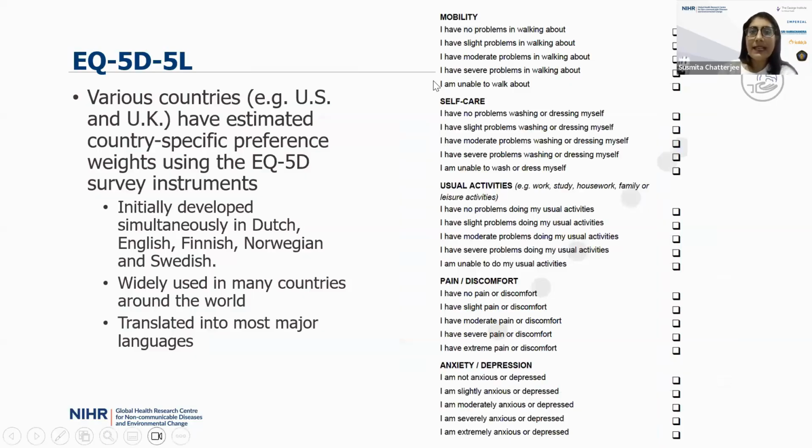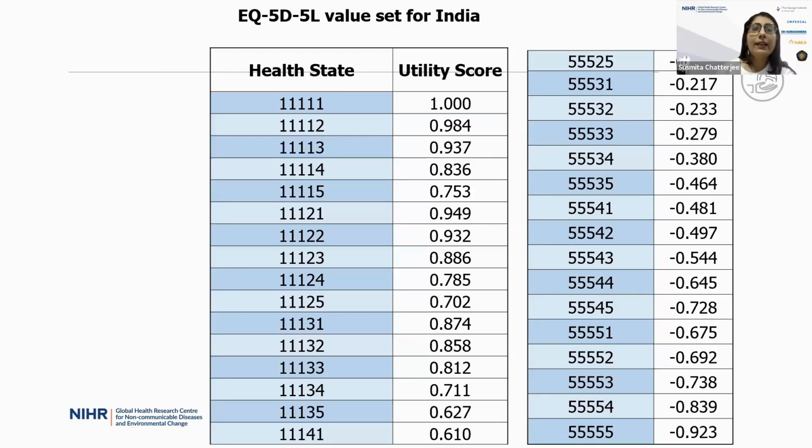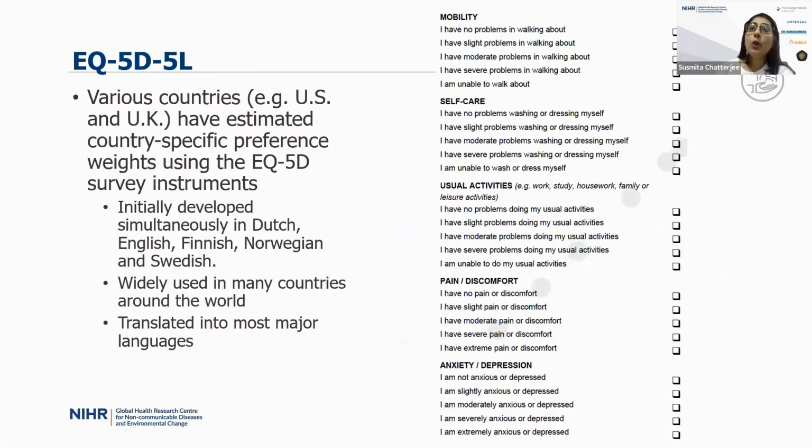It means that person answered no problem to all of these 5 dimensions: no problem, no problem, no problem. That's why the health state came 1, 1, 1, 1, 1, and the utility is 1. What does it mean? I'm perfectly okay, because I said no problem to all 5 dimensions.